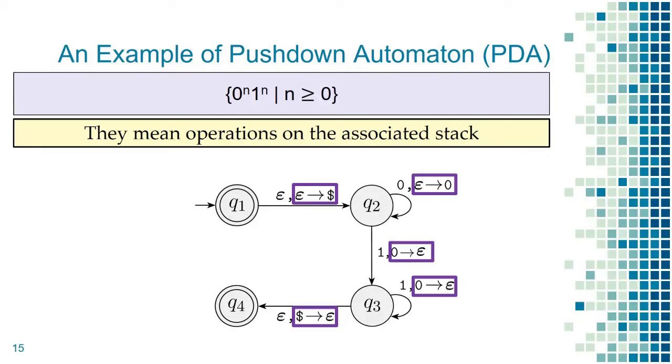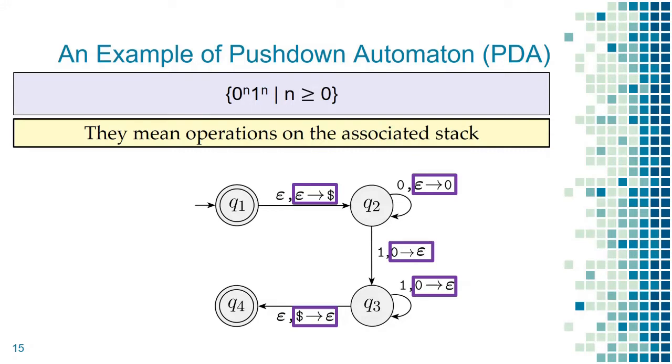The $ sign is special for the pushdown automata that we'll be studying. Some people use different notation, but essentially this is just a starting character. As epsilon is your empty string, your $ sign is the first thing you're going to put on the stack.